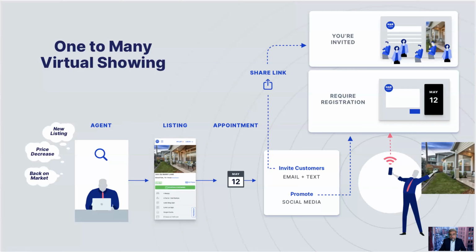But before the showing date, you have invited your customers from your database. It's invitation only. So you have to send them an invitation, and they can all come and watch the showing directly.